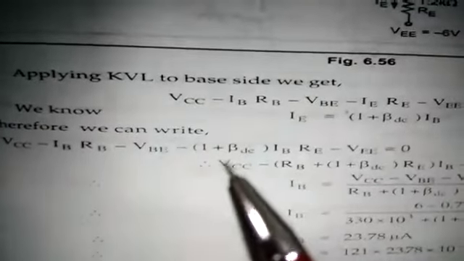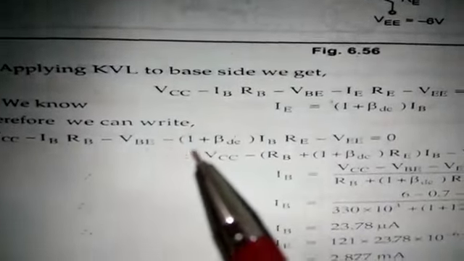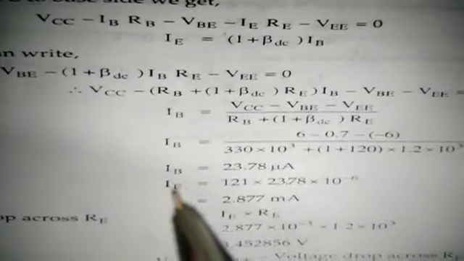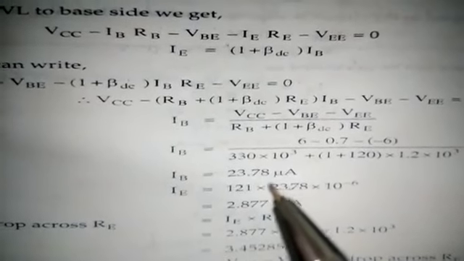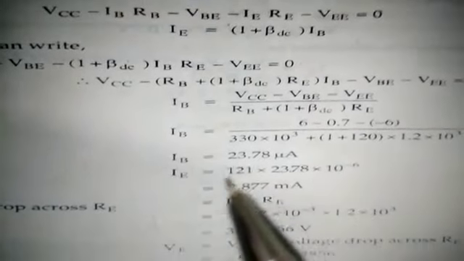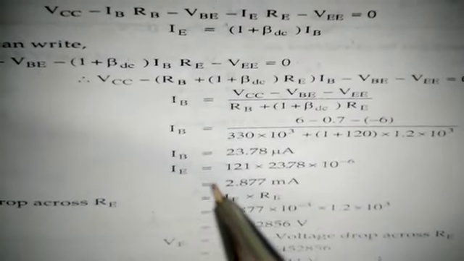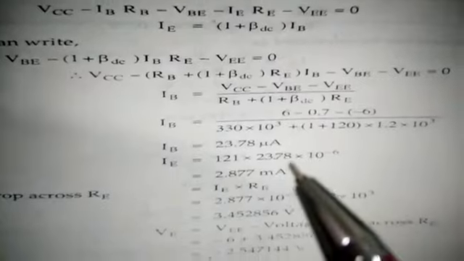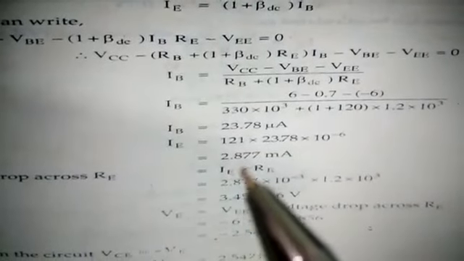After putting this and the other values, you can calculate the value of IB. IB is equal to 23.78 microampere, and from this we can calculate the value of IE, that is 1 plus beta times IB. So this value is 2.877 milliampere.